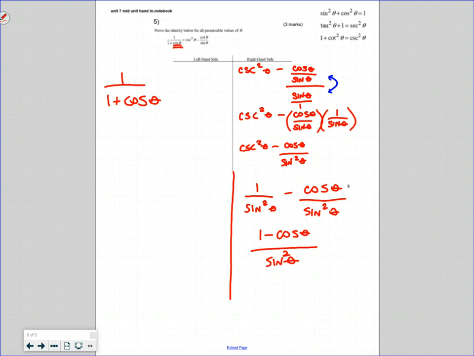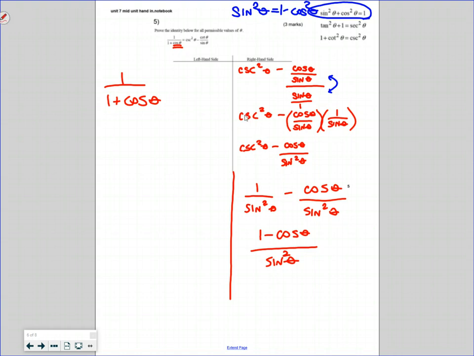Is there a way to make sine squared become cosine? Well, there is, and I'm going up to my formula sheet. Right here is our Pythagorean identity. Could I write that as sine squared theta equals 1 minus cos squared theta?